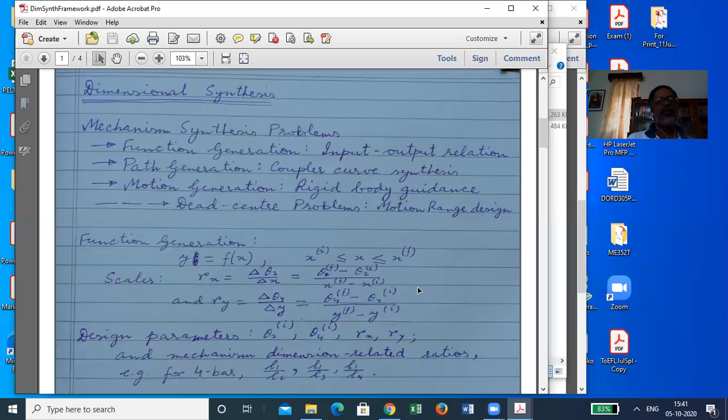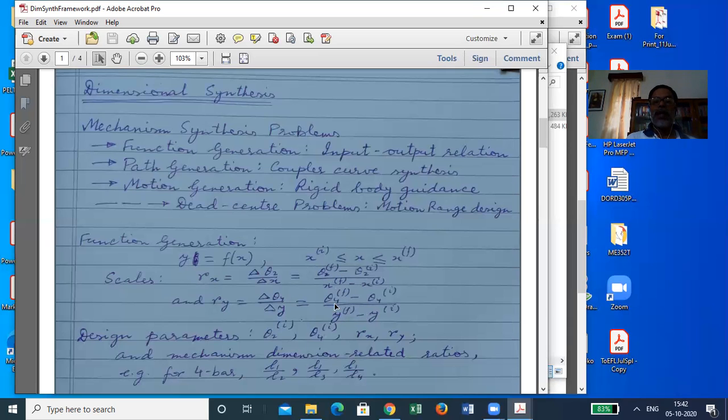So that means the choice of the scale for the independent variable of the function needs two things to be determined, and here another two things.